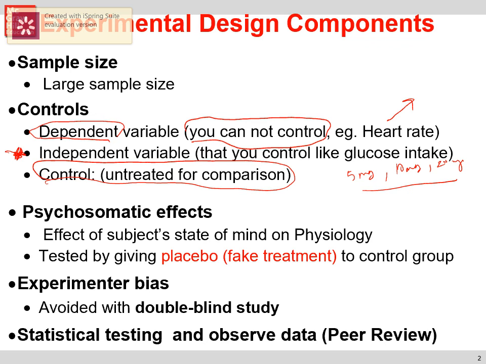Now in clinical research, there's something called a psychosomatic effect. Psychosomatic effect is something that takes into account the subject's state of mind on the physiology. And this is tested by giving one group a placebo. Placebo is a sugar pill, basically fake treatment to the control group.